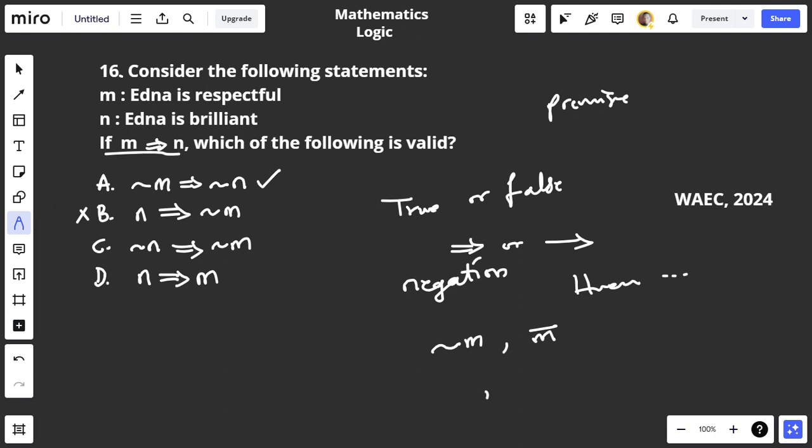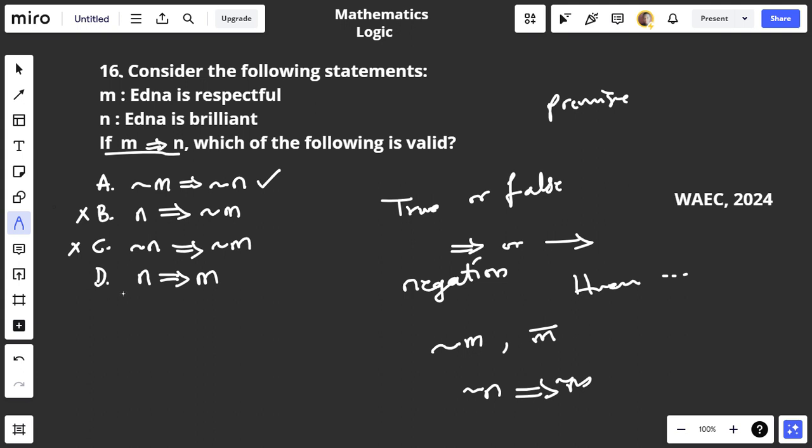They brought N to be the if condition, the condition to be fulfilled before M, and then they negated both of them. So from the third statement here, the condition is that she has to first be respectful, not the other way around. So brilliant here is a subset of respectful. She has to first be respectful before you see her as a brilliant person. So C here, I wouldn't go.